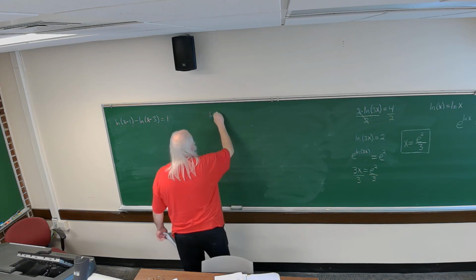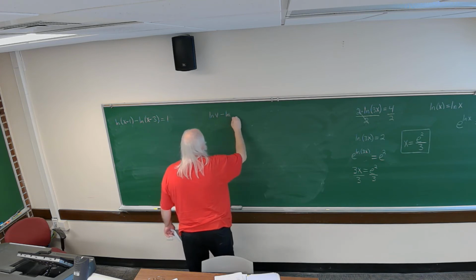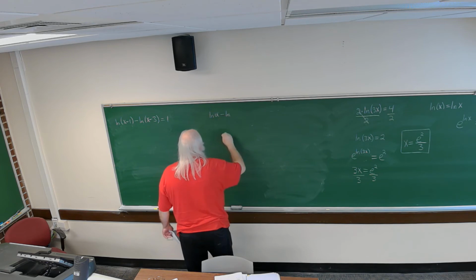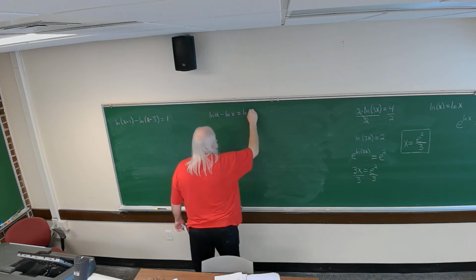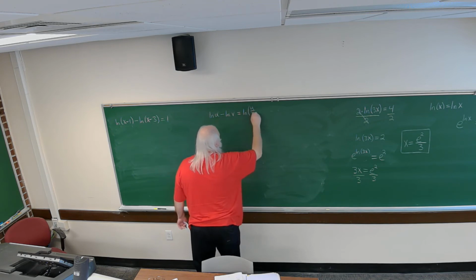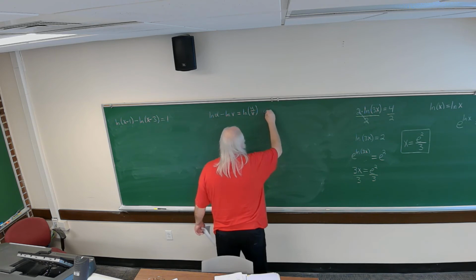The natural log of u minus the natural log of v is equal to the natural log of u over v. It's called the quotient rule.